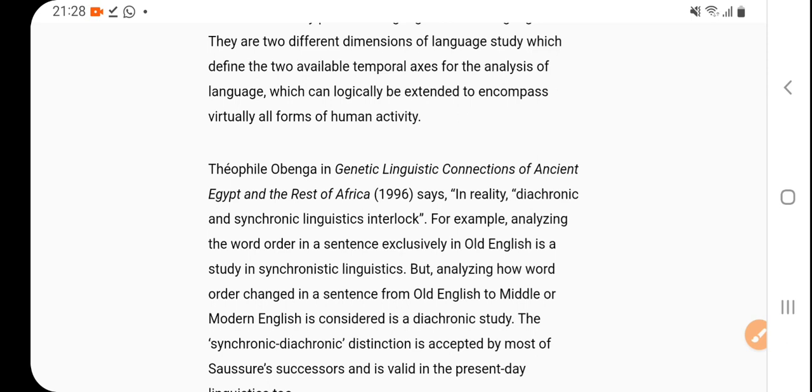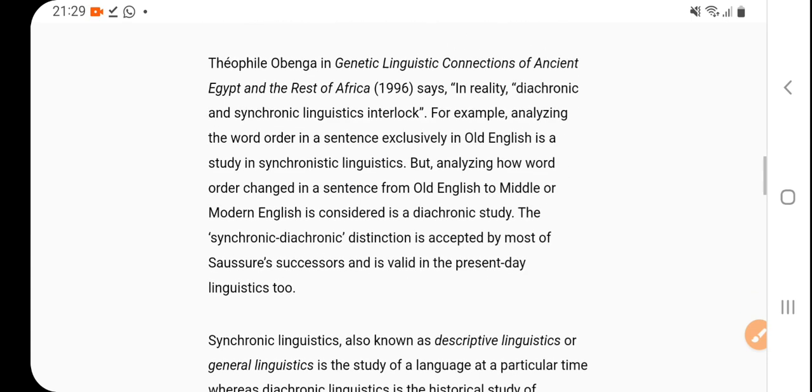He says that there are two dimensions of language study, which means we can study a language in two dimensions, and this way we can analyze the language.